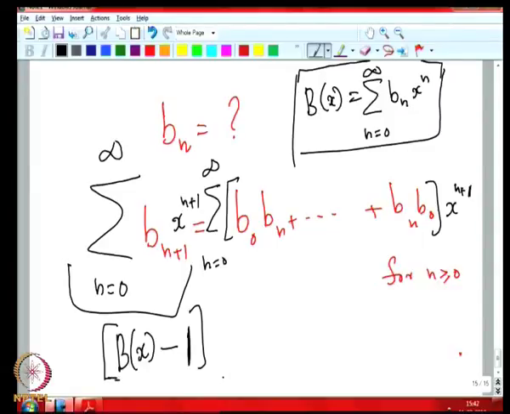So, b of x minus 1 is equal to, what is this one, sigma b0 bn into x raised to n plus 1. What we do is, so we will pull out x first.